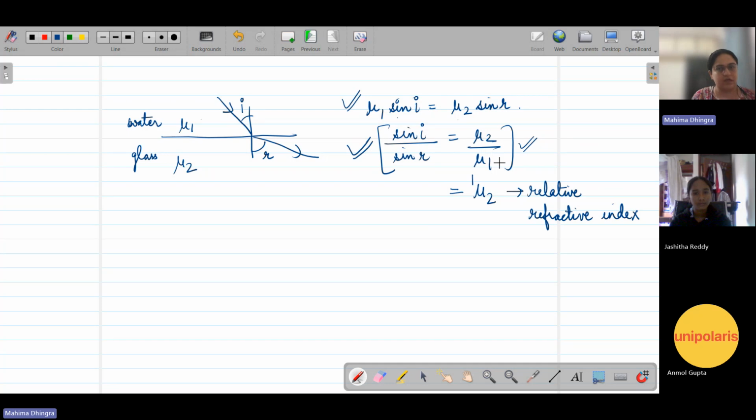These relative values are not fixed because they depend on which medium we are comparing with. For example, the refractive index of glass with respect to water will be a different value, and of glass with respect to, let's say, turpentine, will be a different value. So relative refractive index is not absolute. The values with respect to air are absolute.